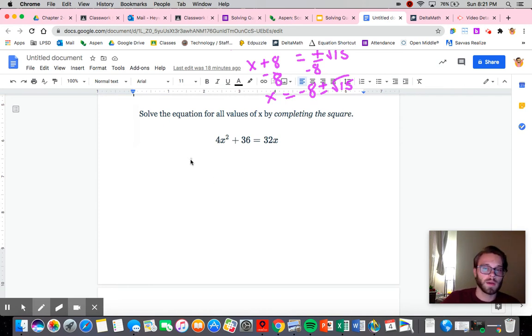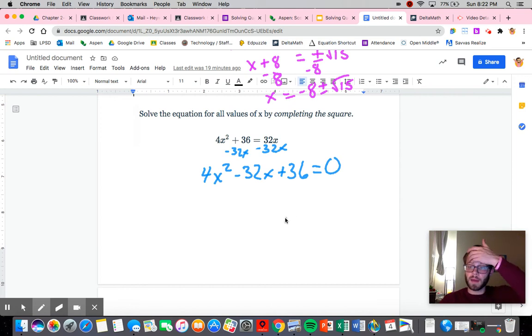Now, let's look at this scenario. As I said, the wrong term is on this side, so let's get it on the right side. Let's subtract 32x from both sides. So we get 4x squared minus 32x plus 36 equals 0.